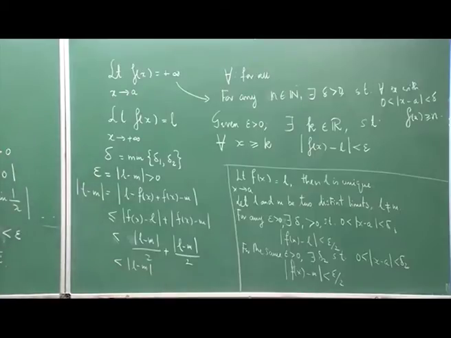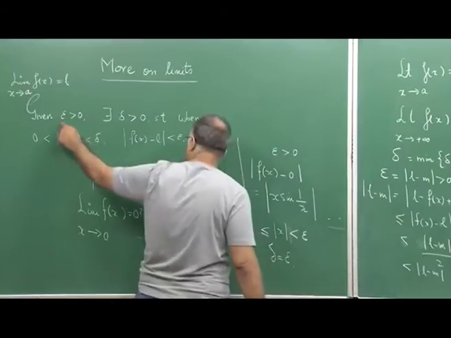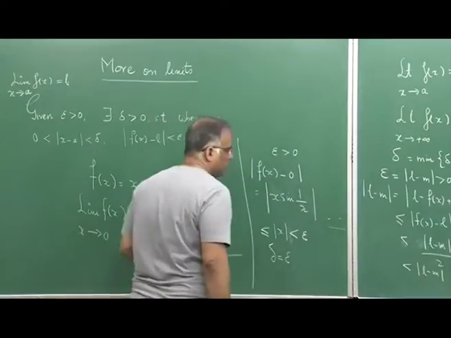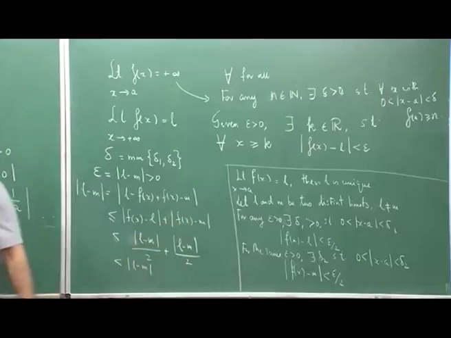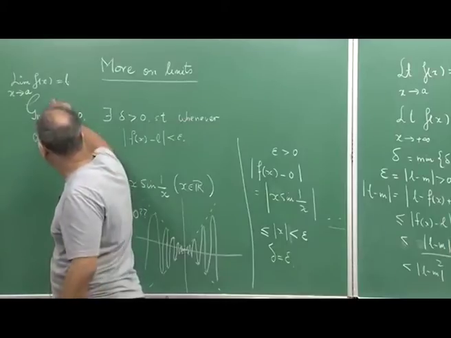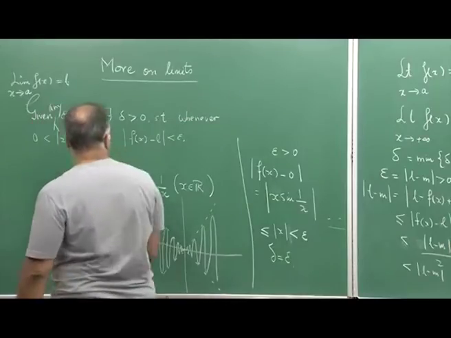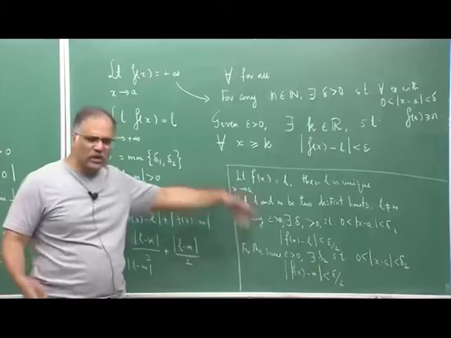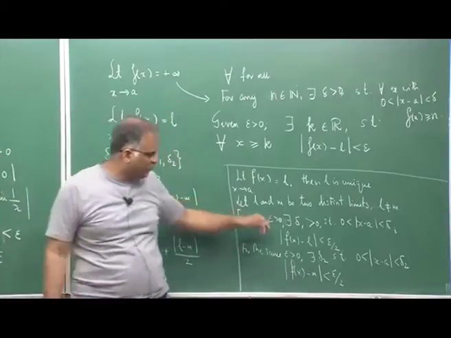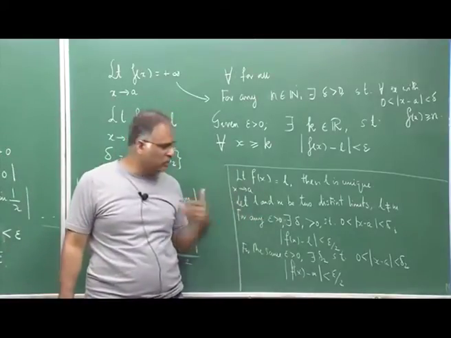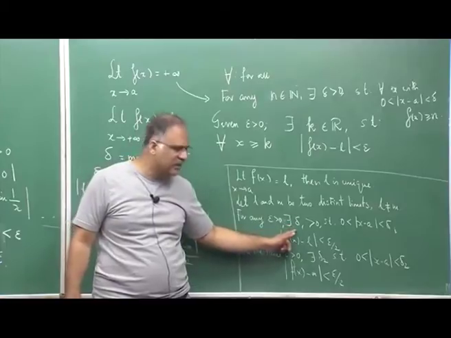Now, somebody might get confused that I have suddenly chosen epsilon equal to |L - M|. Observe the very statement here: given any epsilon, whatever be my epsilon, I do not care, as long as it is greater than 0, no matter how small, there would always exist a delta 1.